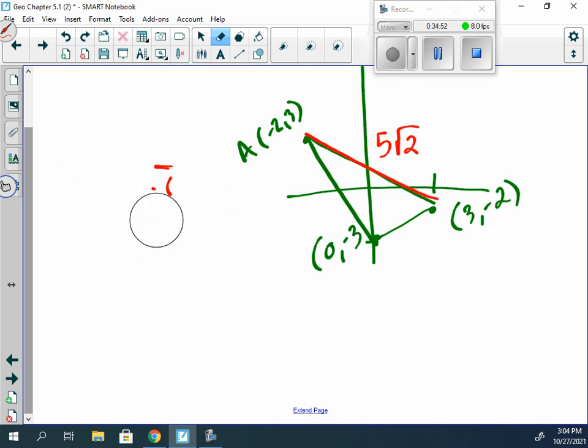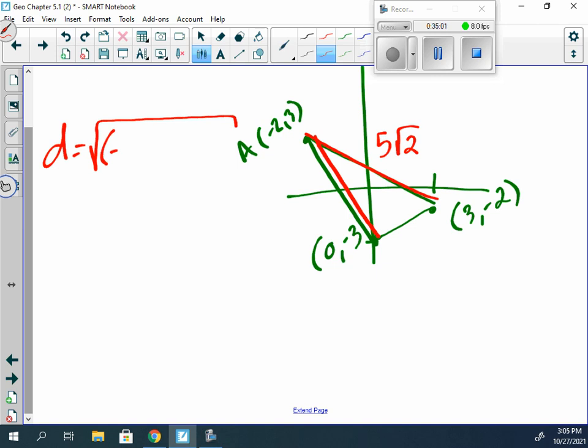Now we would need to do this again to find the distance from here to here. So our distance formula would be equal to -2 minus 0 squared plus 3 minus -3 squared. Now if we did this by hand, -2 minus 0 would be -2 squared. 3 minus -3, the negative and negative make a positive, so 3 plus 3 would be 6.